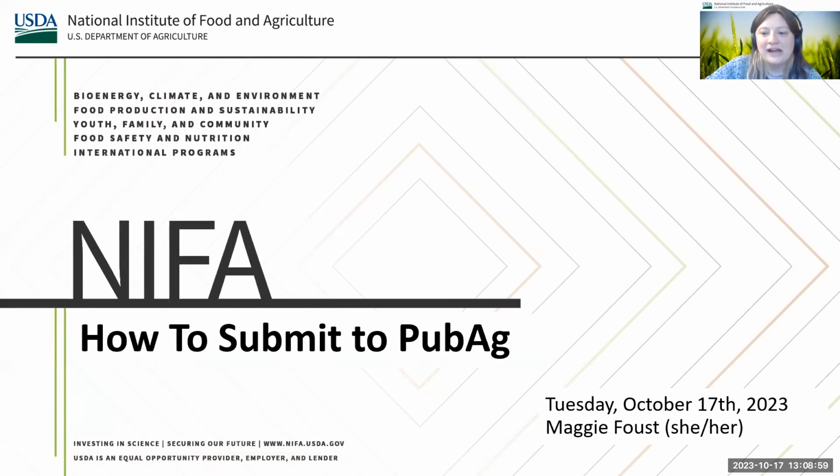I am with the National Agricultural Library as a public access outreach librarian. The objective of this webinar is to provide you with an awareness of the PubAg submission process and relevant useful instructions to help upload your NIFA-funded, peer-reviewed, accepted manuscripts.